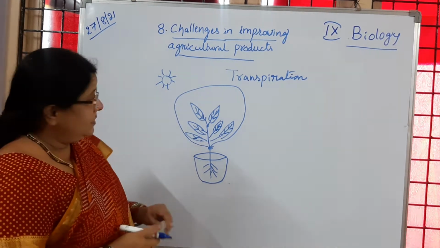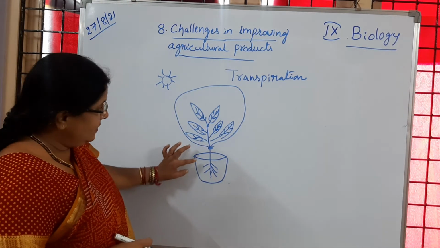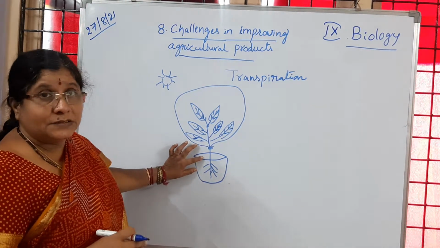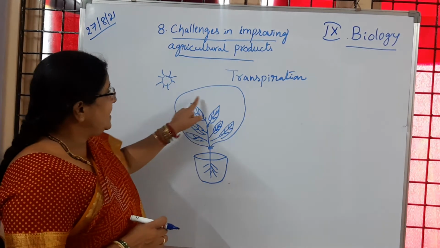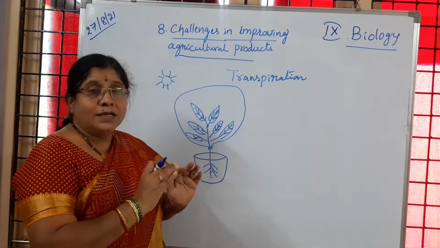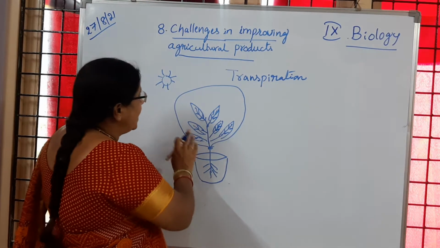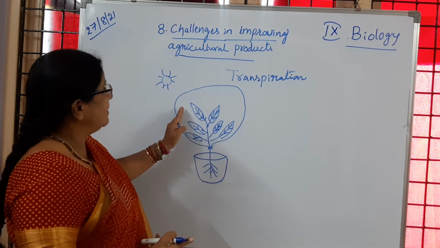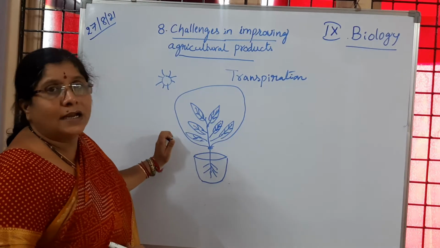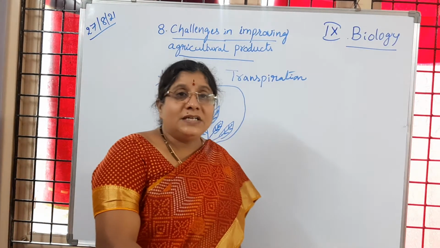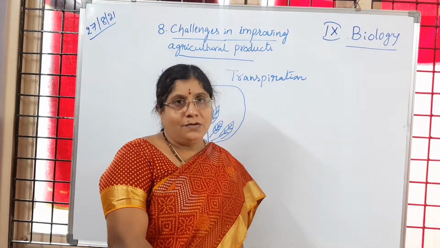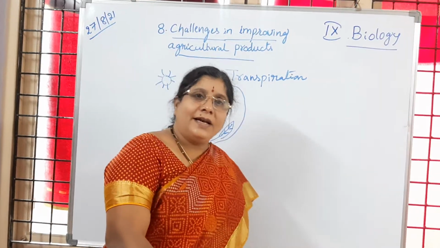Have you followed? The potted plant we have taken is well watered, and we have covered the leaves with a polythene bag, tied its mouth, and kept this potted plant with the polythene cover in the sunlight. Okay, after 3-4 hours, what will be your observation?